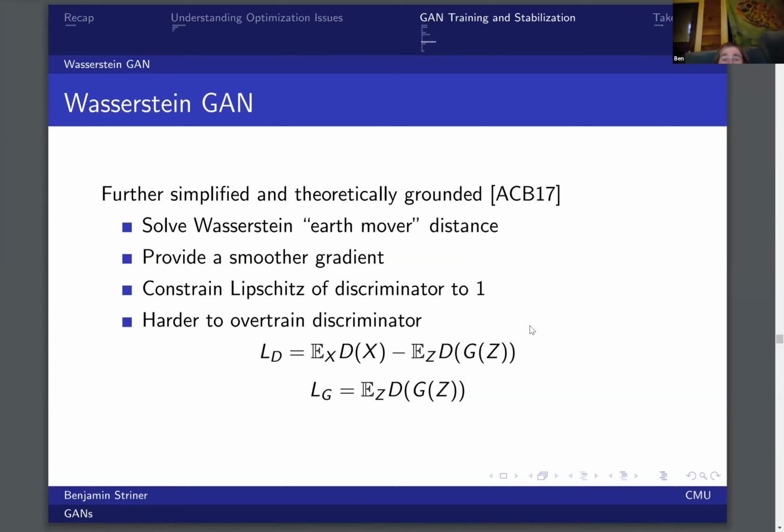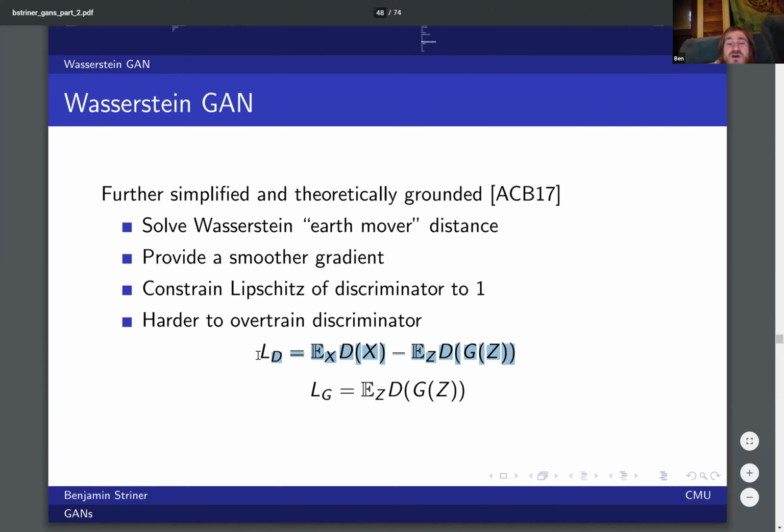So our loss has become completely simplified. We look at this loss here. The loss function is the first term here, expectation over x, meaning draw data from the real world and put it into your discriminator. So the loss is real data going into the discriminator minus E over z, z being your latent data.